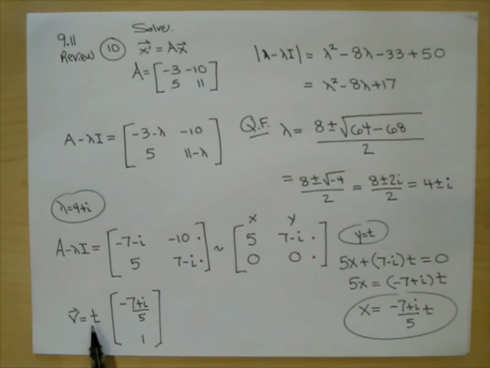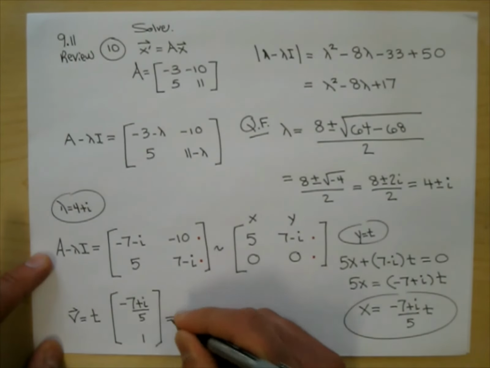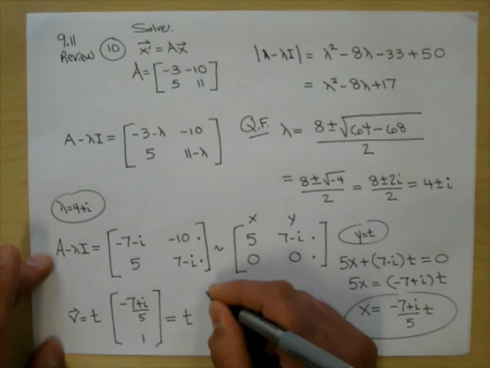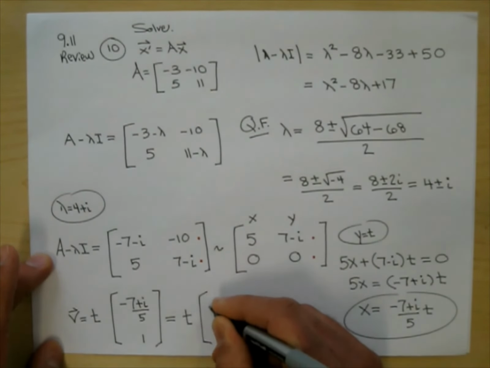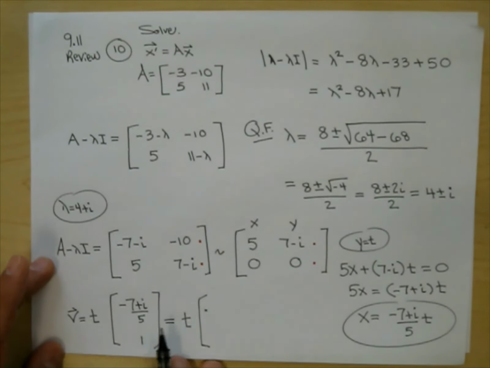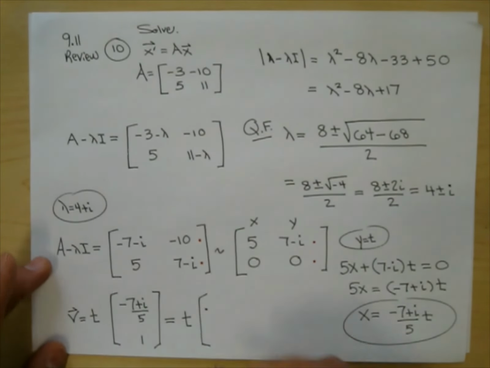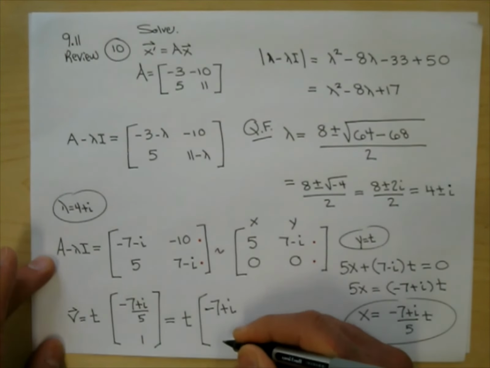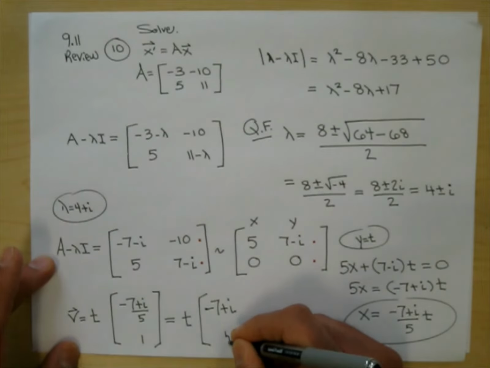Because it's any real number times this, except we can't have 0 for t, I'm going to go ahead and multiply both of those components by 5 and get rid of that fraction. It's a stylistic thing. You can keep the over 5 if you want. So I have t times, on the top, 7 minus I, and on the bottom negative 5.